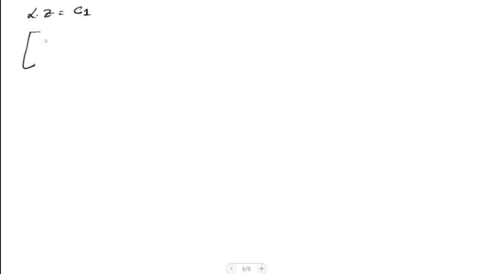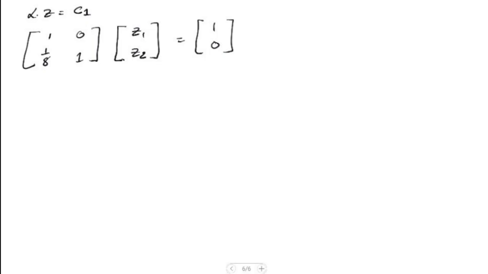So we have our L, which is 1 over 8, 0, and 1, times Z, which we can write as Z1 and Z2, and the column vector 1 of the identity matrix is 1 and 0. So now if you solve, you'll get 1 times Z1 plus 0 times Z2 is equal to 1. So Z1 is equal to 1.